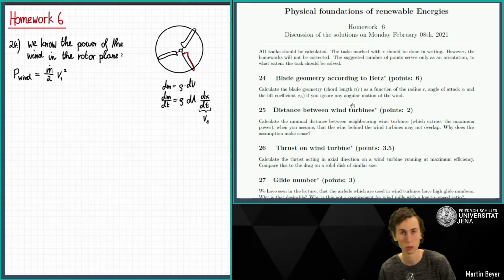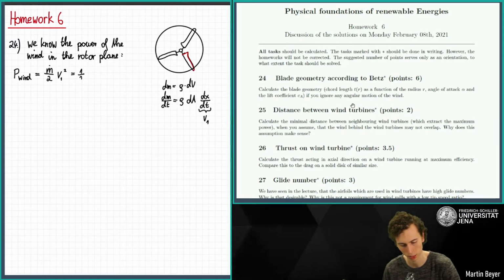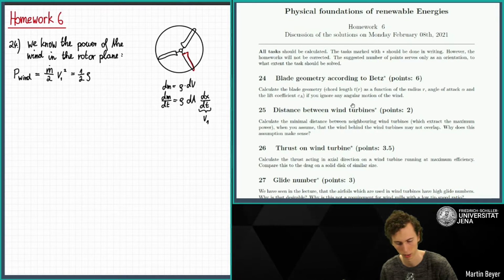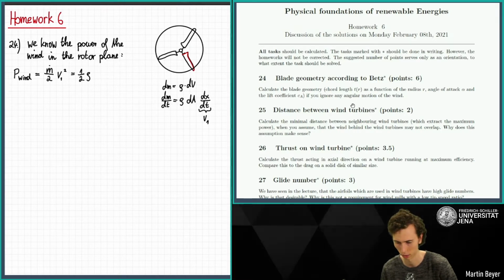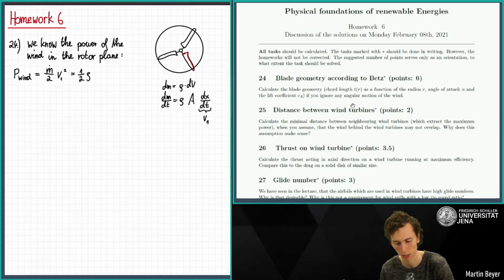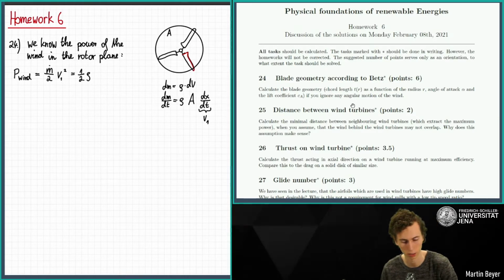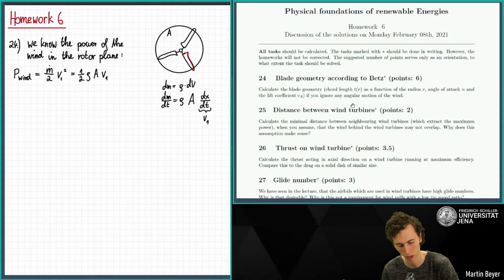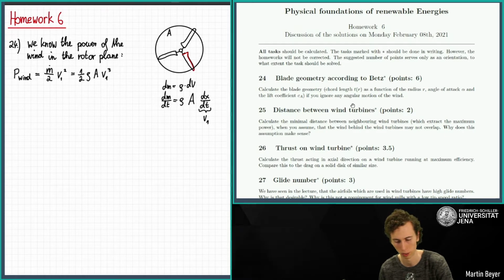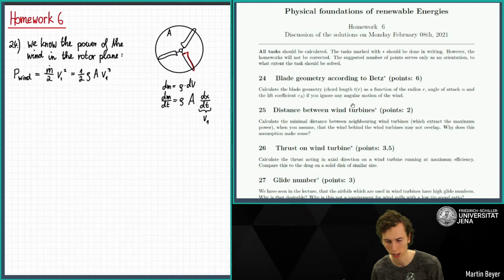We can substitute this into this formula, and therefore we get 1/2 times rho times the whole area, which is denoted here, times the velocity cubed now, because we have an extra term of velocity coming from here. So just another derivation that was already made in the lecture.